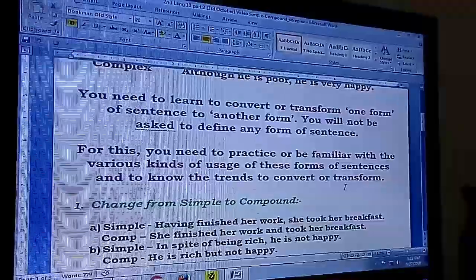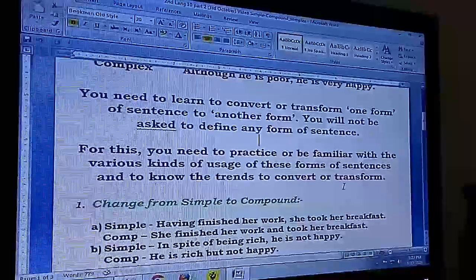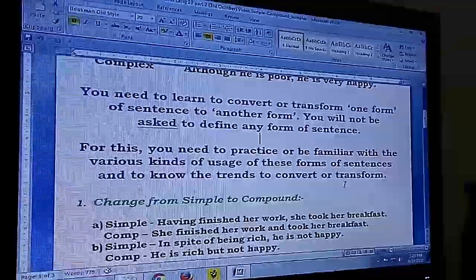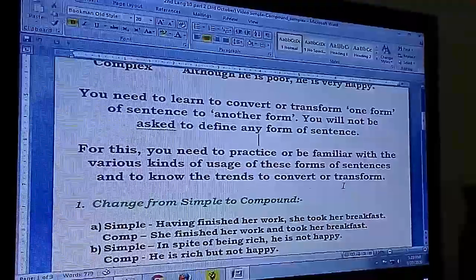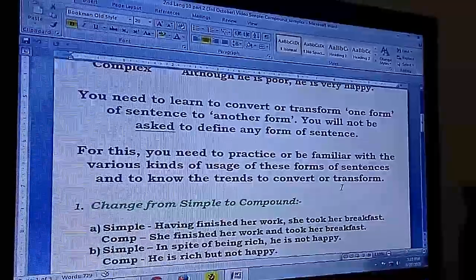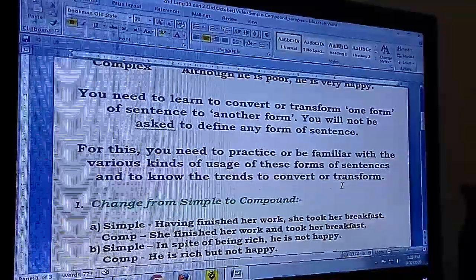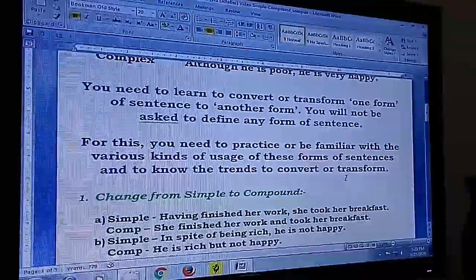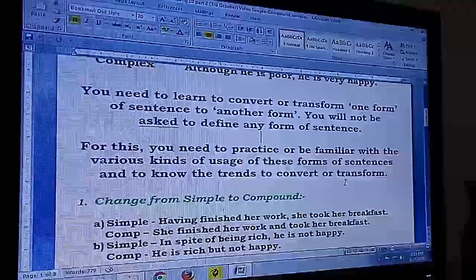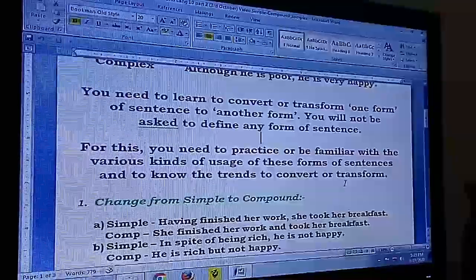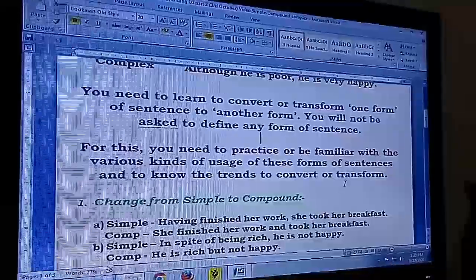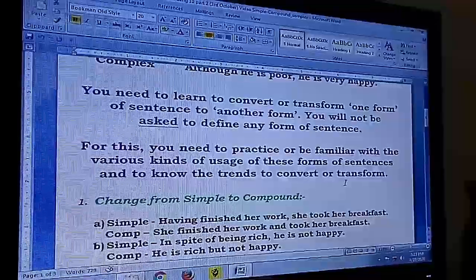Now, do they follow any particular law? No. And especially when the ICSE asks you the question, I'll come to that later, they have different ways of asking you the question. But still, I tell you, you should know the basics.